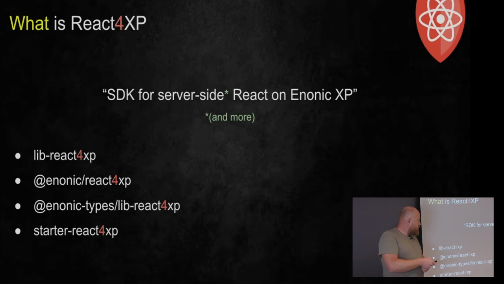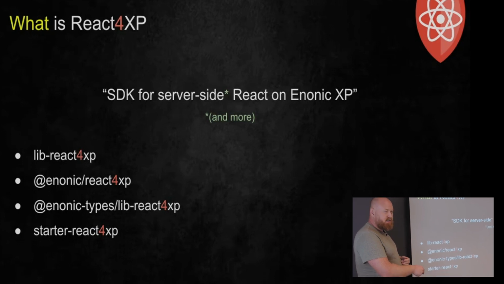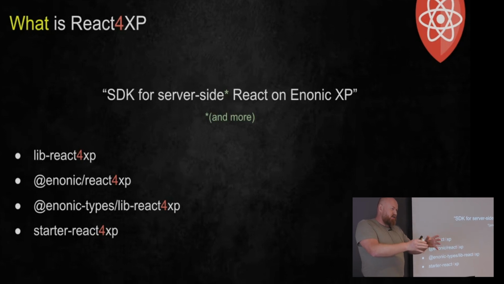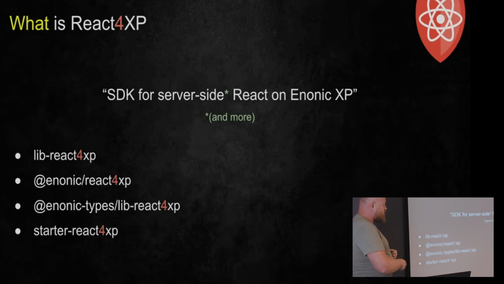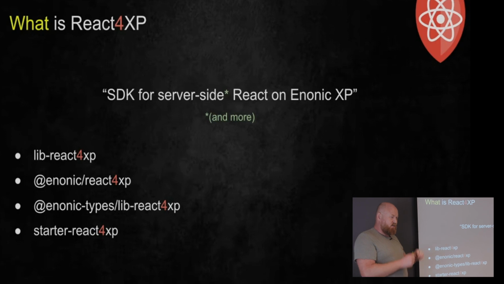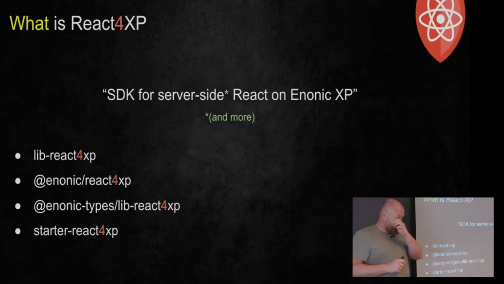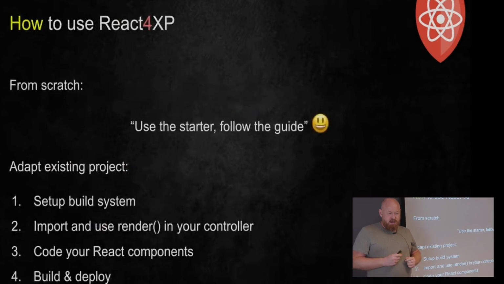And then there are two npm packages. This one is basically the build system, so that it can take your React code and make it runnable in React4XP. And now, in version 4, we have added a types npm package, so that you can have auto-completion and all the nice things that I will talk about later in TypeScript.